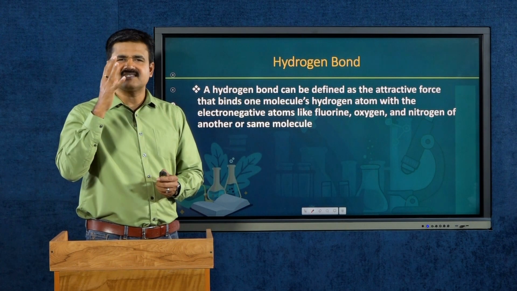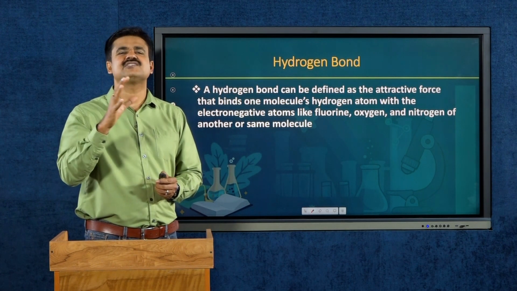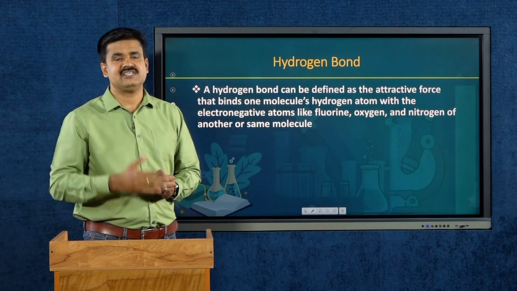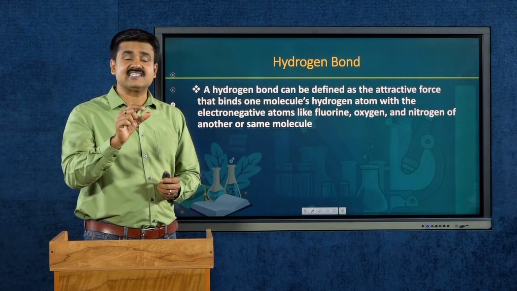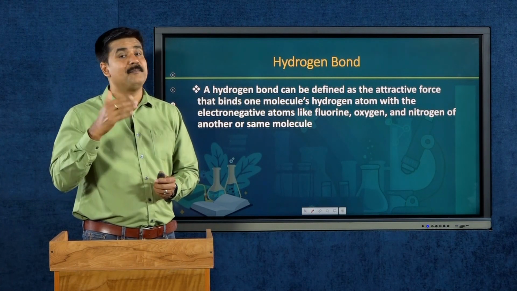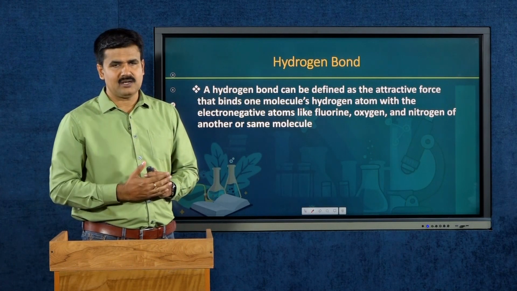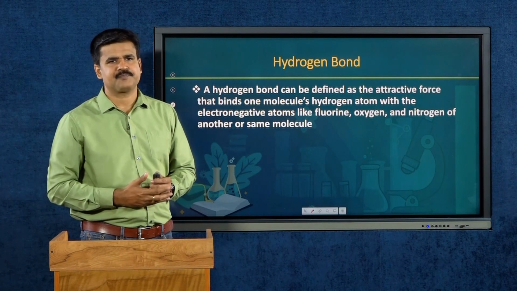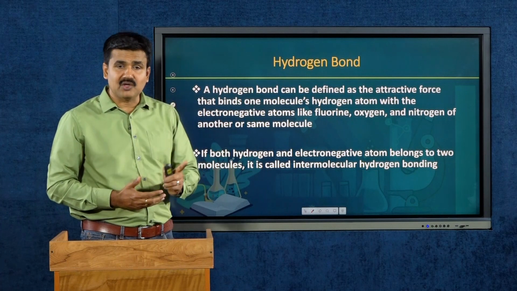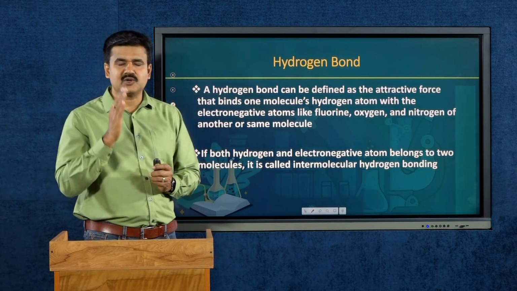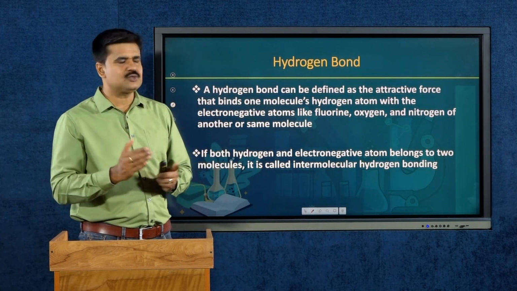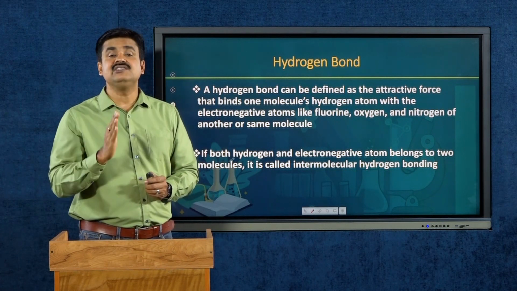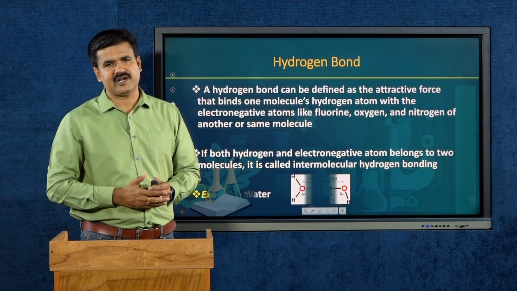So, this hydrogen bond is a force of attraction between a hydrogen atom and an electronegative atom. Both the hydrogen and the electronegative atom may be from the same molecule or may belong to two different molecules. If they belong to two molecules, then it is called intermolecular hydrogen bonding.